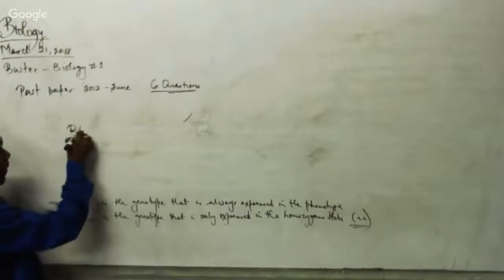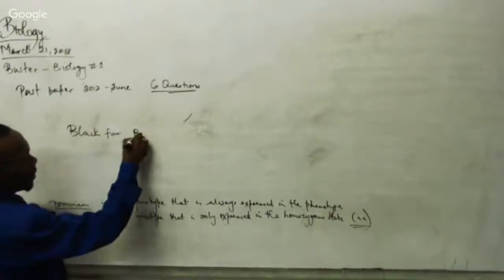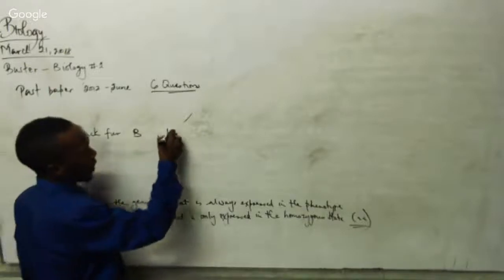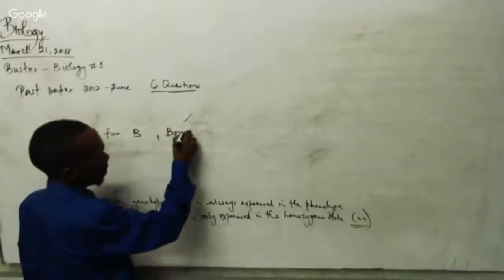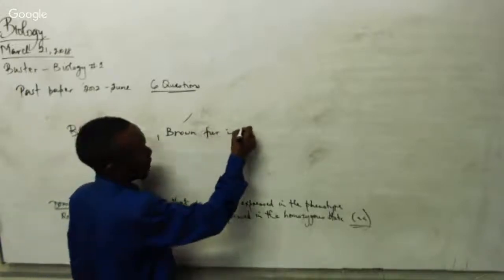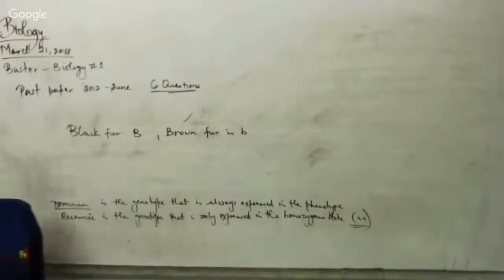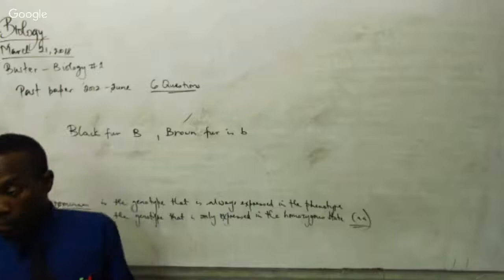All right, so we said black fur is B and brown fur is small b. Now, they want the combination that is going to give you a 50-50 black and brown.